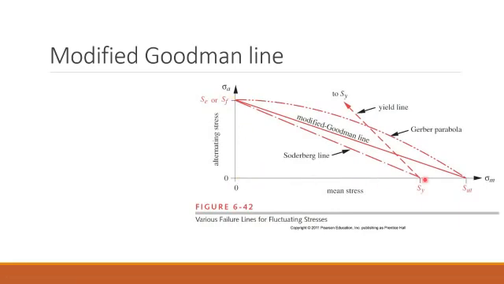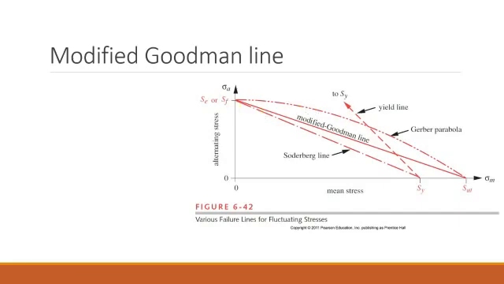If there's all mean, and this means it's not an alternating problem at all, then we're going to consider failure to happen at yield, especially for ductile materials that have a significant difference between the yield strength and the ultimate strength. And so this cutoff line shows me the effect as I begin increasing the amount of alternating load relative to the mean load. I begin decreasing, this line is going to travel all the way up to the yield strength graphed on the y-axis.